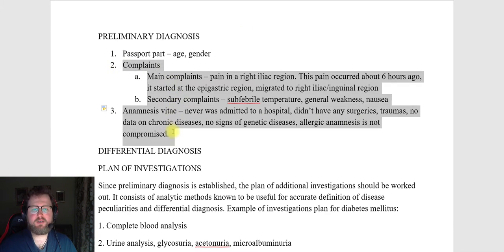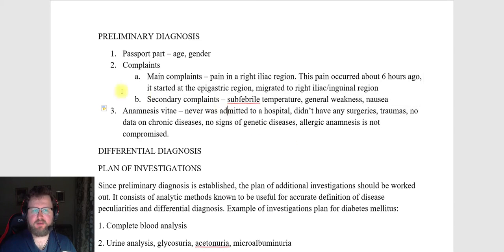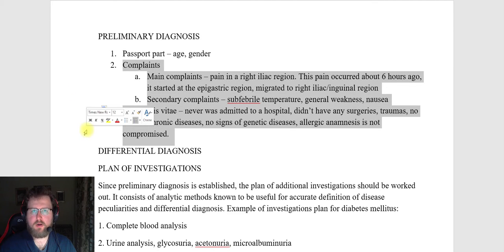These are just very brief points on what you've already discussed within the first part of the case history. When you write your own, you'll have to write this part more.